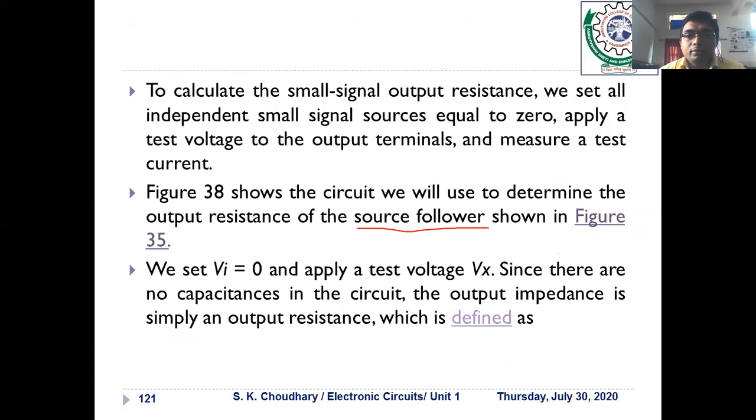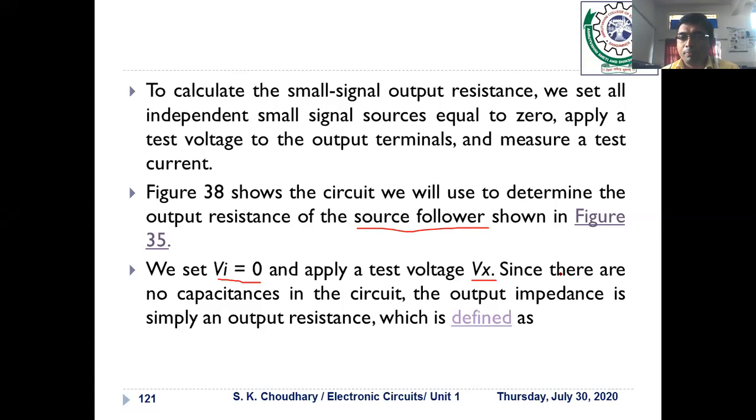As we have already made the independent small signal source 0, that means Vi is 0 here, and we have applied a test voltage Vx. Since there is no capacitance in the circuitry at the output network, the output impedance is the same as the output resistance.